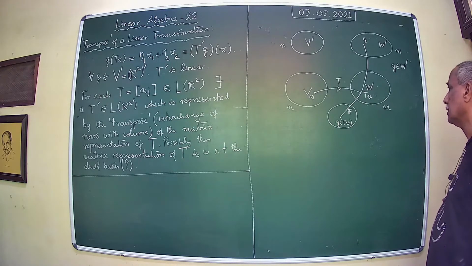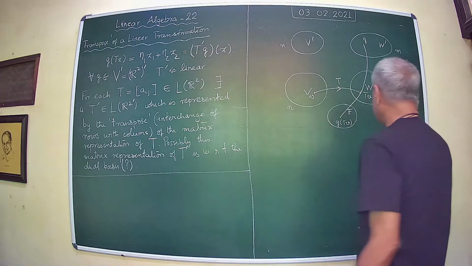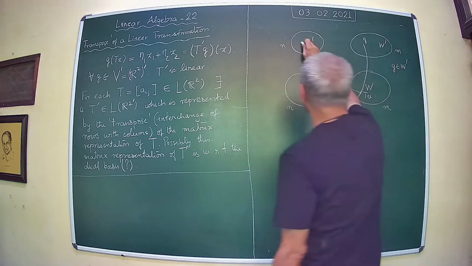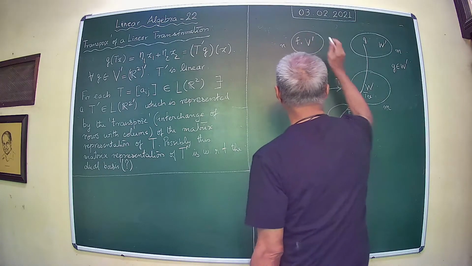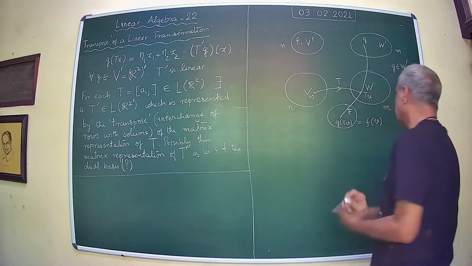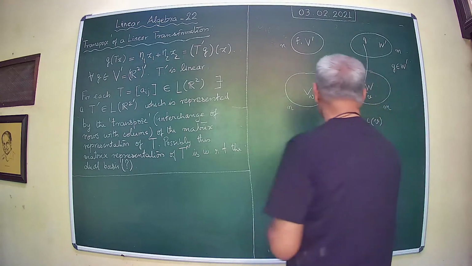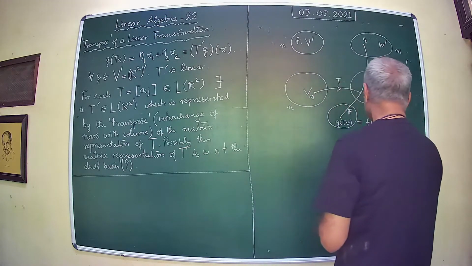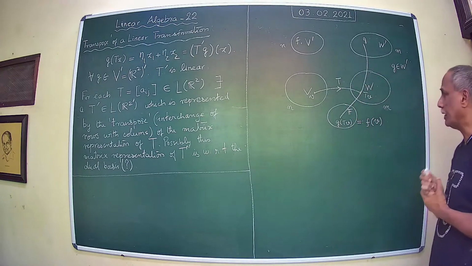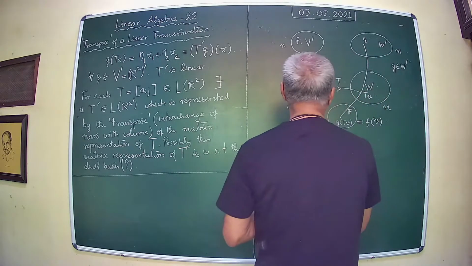Okay? So what I try to do is try to conceive g(Tv) as some f. I write this as f. Okay? So this is the definition of f.